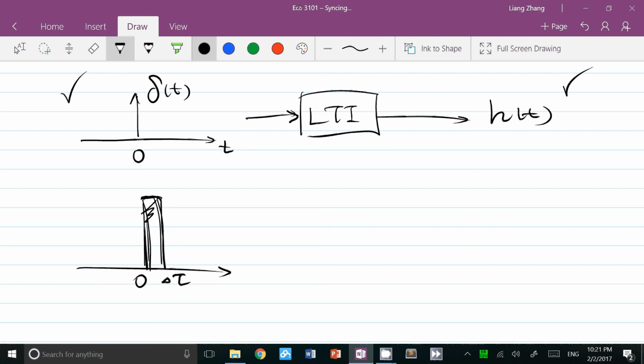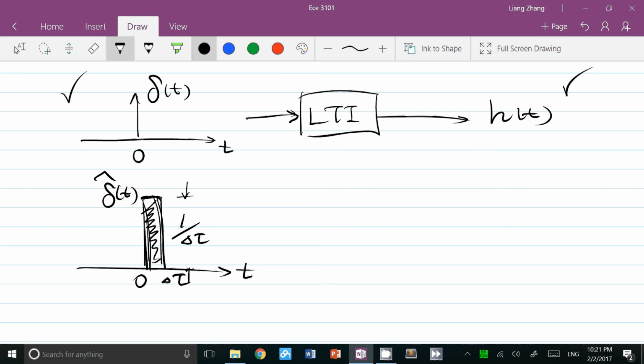And I constructed such that the amplitude is going to be 1 divided by delta tau. The reason I am constructing this is the following. Let me call this delta hat of t. So it looks like our delta function, but it's a little different.